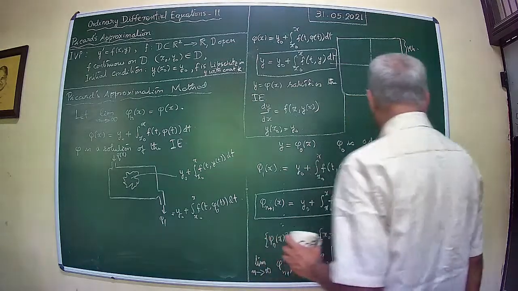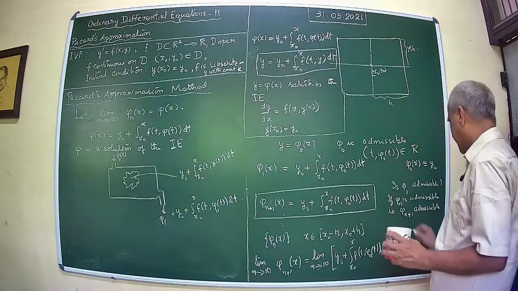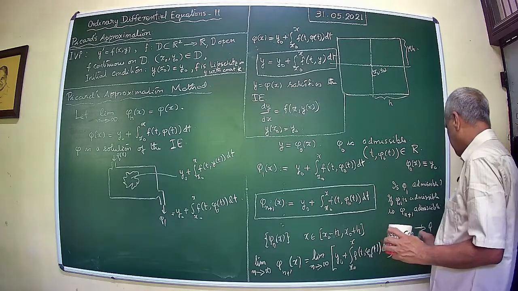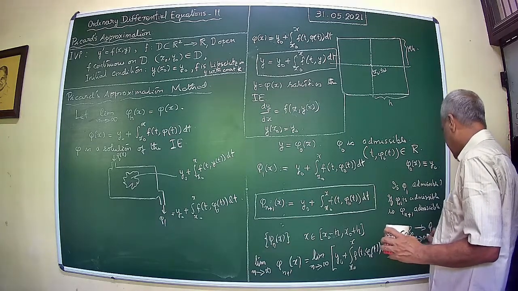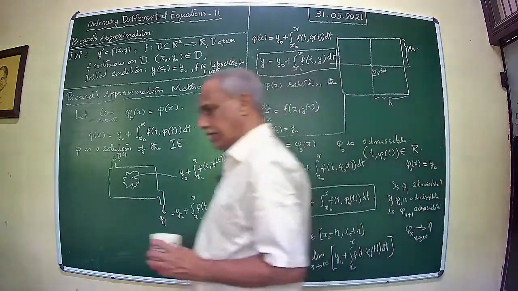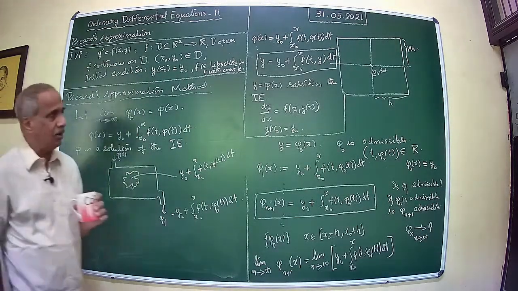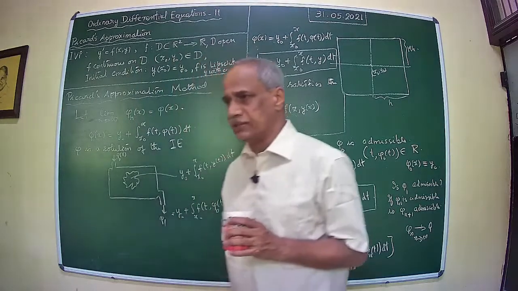So you get a sequence of functions phi n converging to phi in some sense. In that sense, we will make it clear. So this is the whole idea of Picard's approximation.